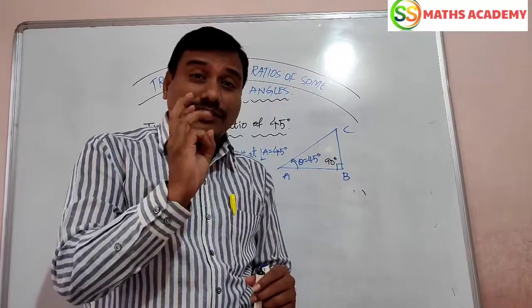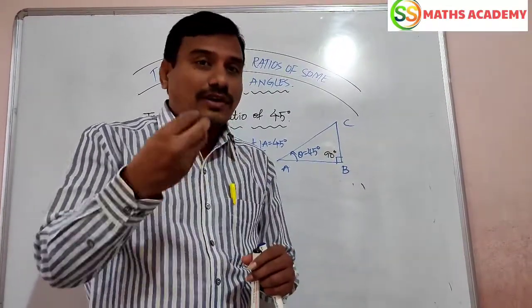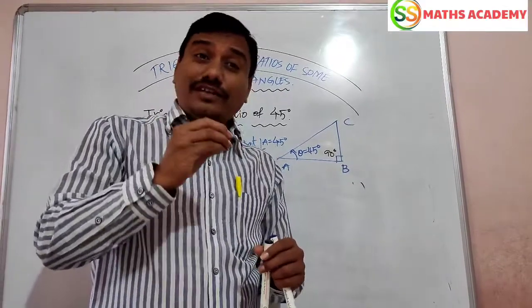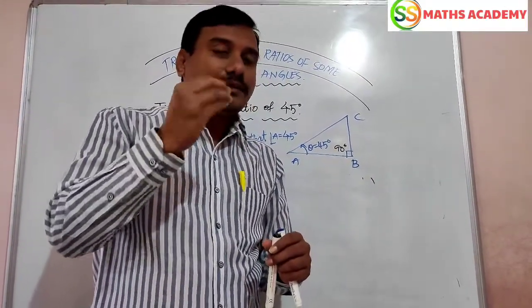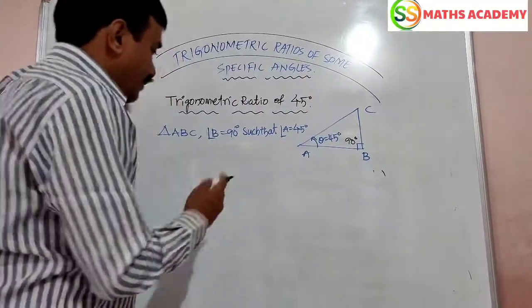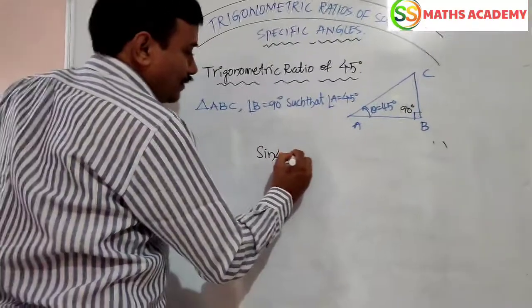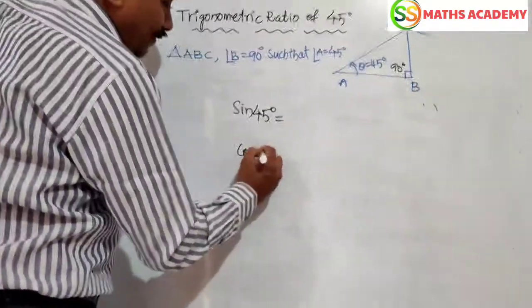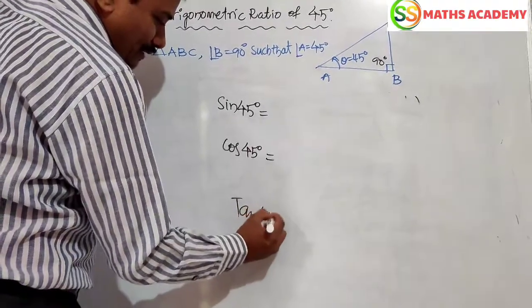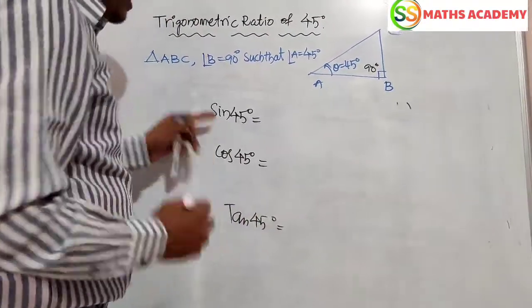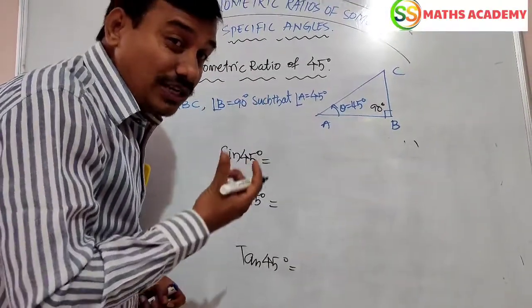From these three side values we have to determine them, by applying the definition of trigonometric ratios. For suppose sin 45, cos 45, tan 45.